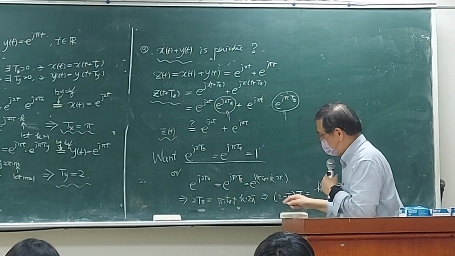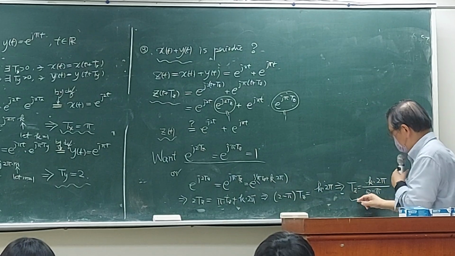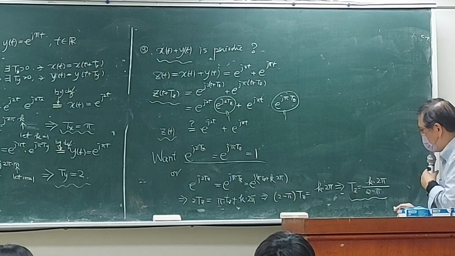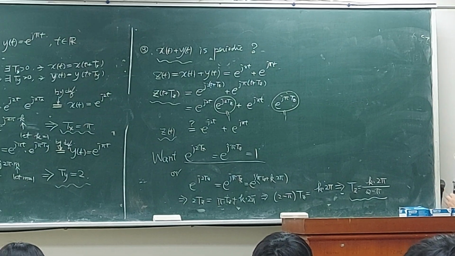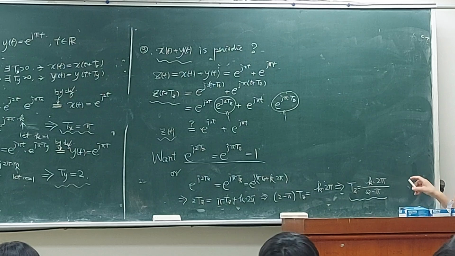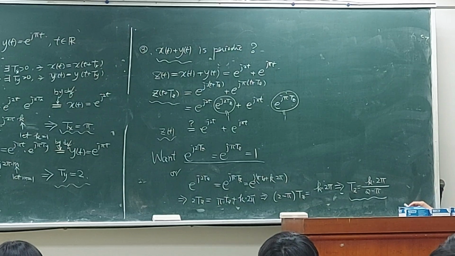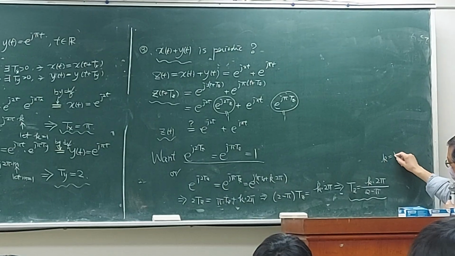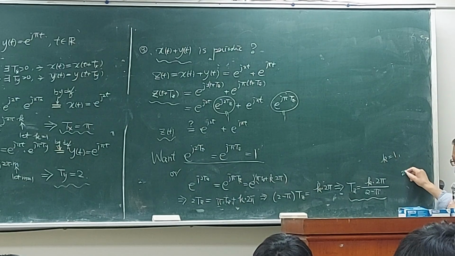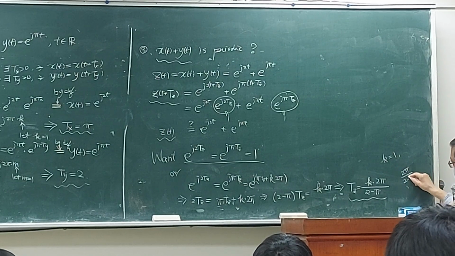Alright, then we go down the derivation here. We find that Td will be equal to K times 2 pi over 2 minus pi in this case. But what is the smallest one? If I let K be 1, then this is 2 pi over 2 minus pi.